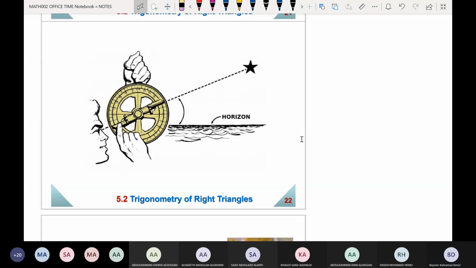So you can guess. But how about the degree of the sun at exactly noon, at 12? What could be the angle? 90 degrees. Perfect. So that is the most dangerous time. The sunlight is so dangerous at that time. So you can measure the angle of the sun with the horizon.